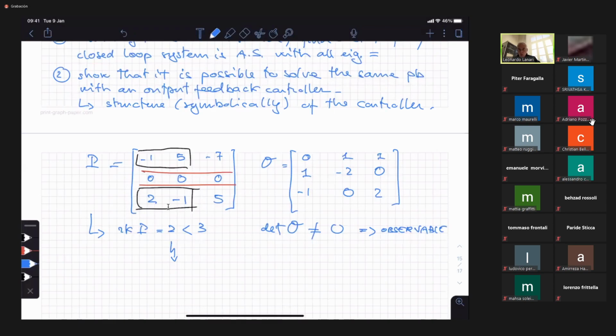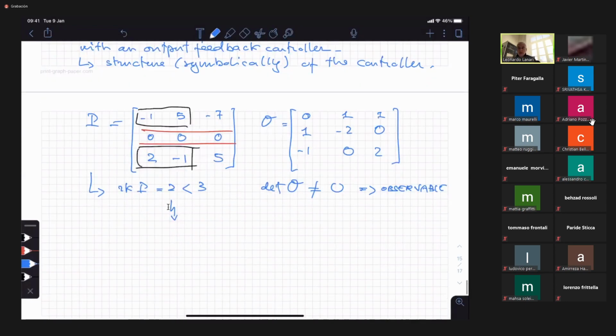There will be just one natural mode or eigenvalue which is uncontrollable, since the loss of rank in the controllability matrix P is 1. Or we could compute directly, since it is required to stabilize and find the stabilizing feedback, we could directly find T minus 1. To find T minus 1, we need to find the base of the image of P.